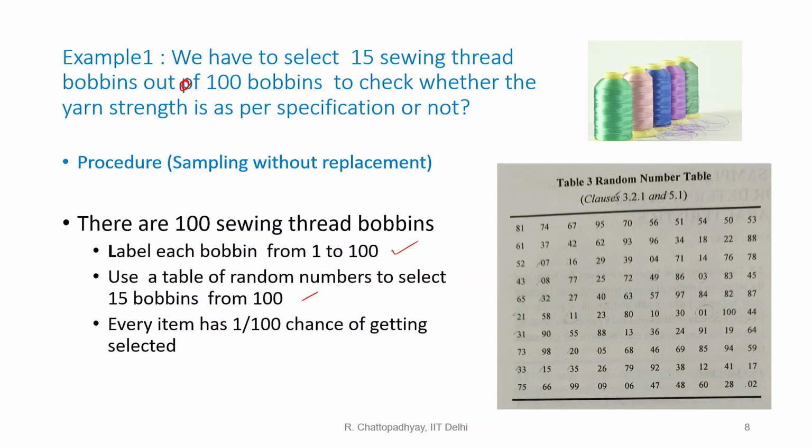So in that case, it will be a completely unbiased selection of the bobbins. Every item in this case will have 1 upon 100 chance of getting selected. Every item will have equal chance of selection.